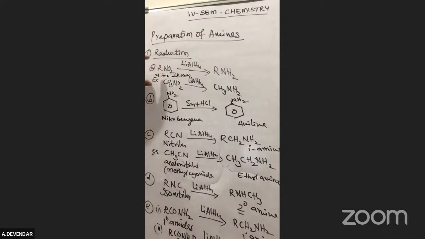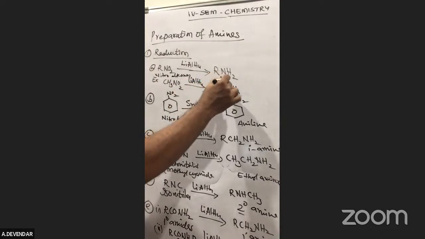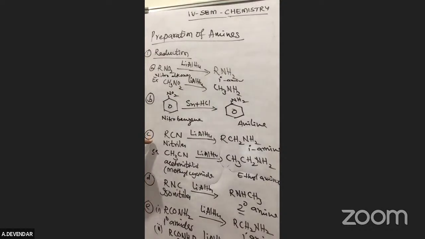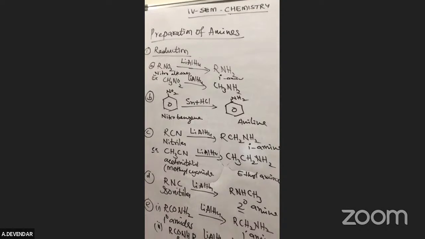So in reduction, nitroalkanes give only primary amines. Nitriles give primary amines, and isonitriles give secondary amines. Primary amides give primary amines, secondary amides give secondary amines, and tertiary amides give tertiary amines.